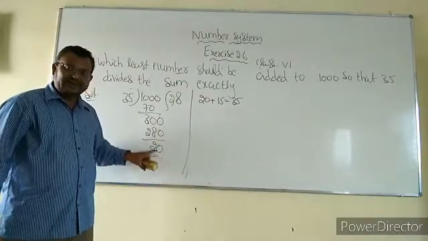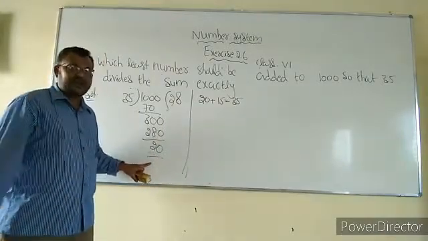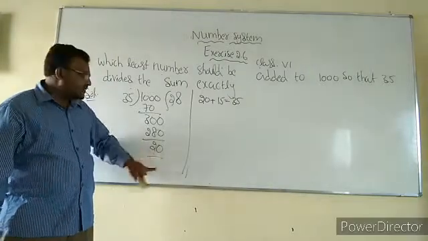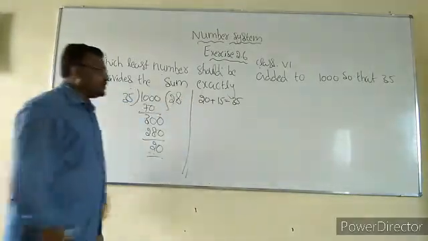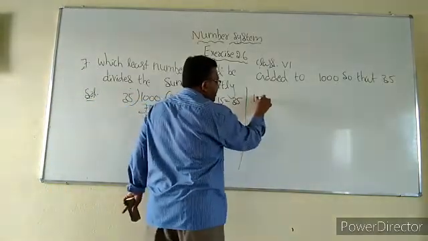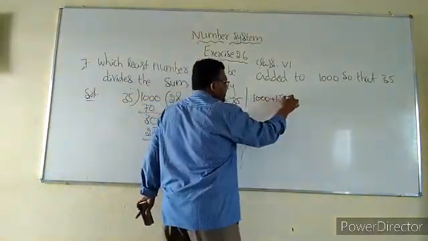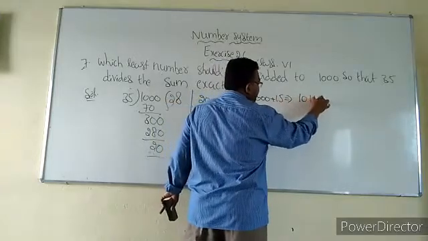But it is not 35, it is 20. So how much more do we have to add? 15 more we have to add. That means if we add 15 to 1000, then observe what will happen. 1000 plus 15, the sum will be 1015.